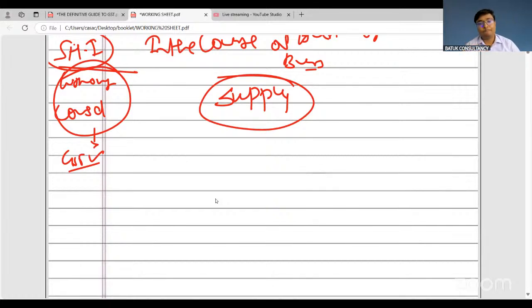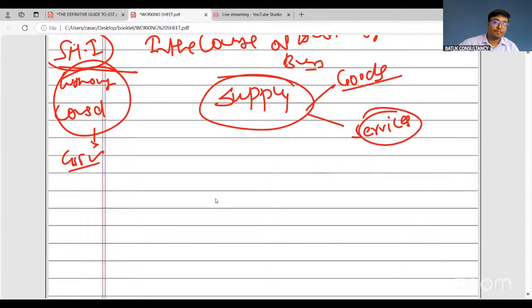Now, as we have covered, in case of goods or services, the government has given identification numbers as HSN or SAC code. So now the point is that when we are saying that this transaction or activity is treated as supply, the very important question is whether this supply is a supply of goods or supply of services.